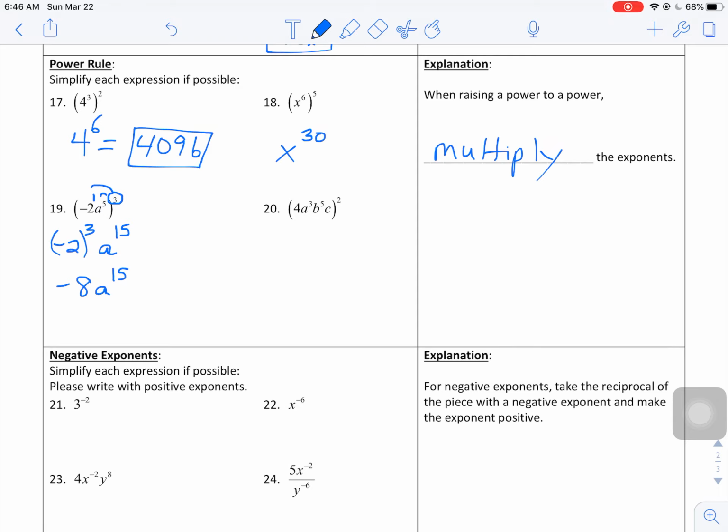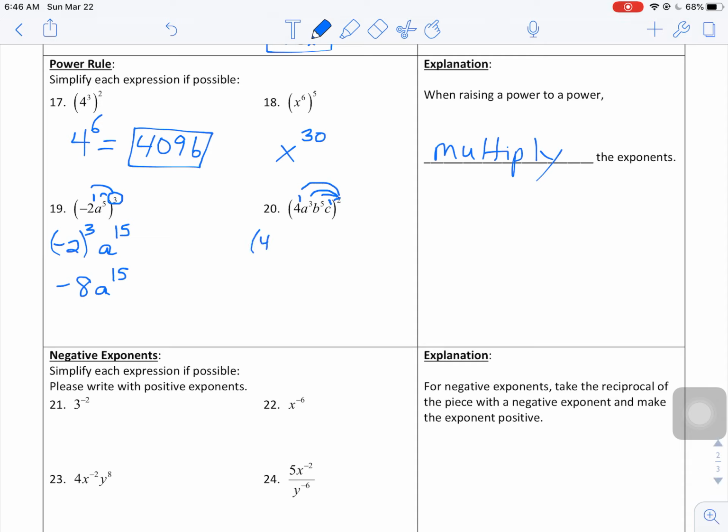On 20, again, if you don't see an exponent, there's an invisible 1 there. So the 4 has an invisible 1, and the c has an invisible 1. So that 2 on the outside gets multiplied to all the exponents on the inside, even the invisible 1s.